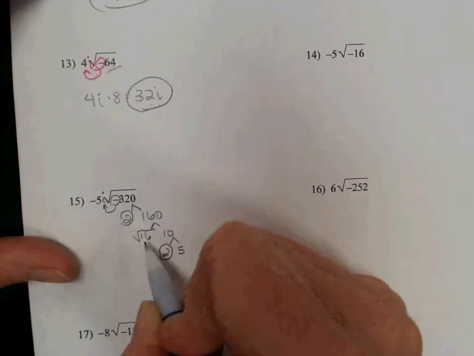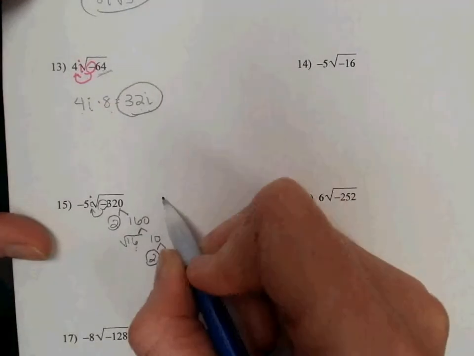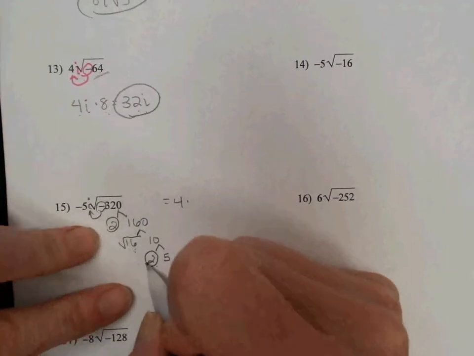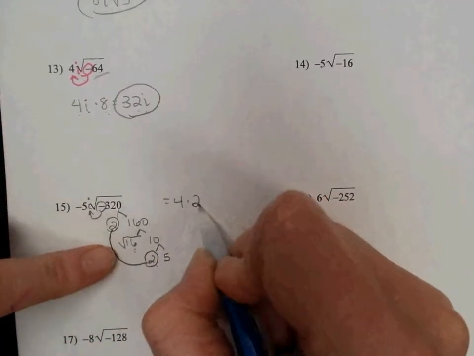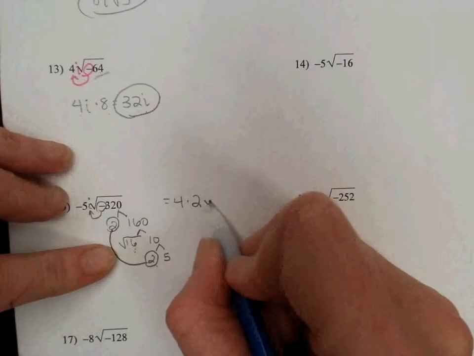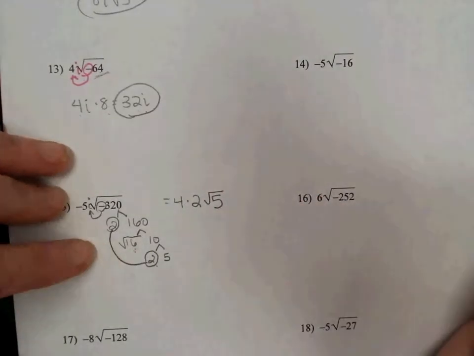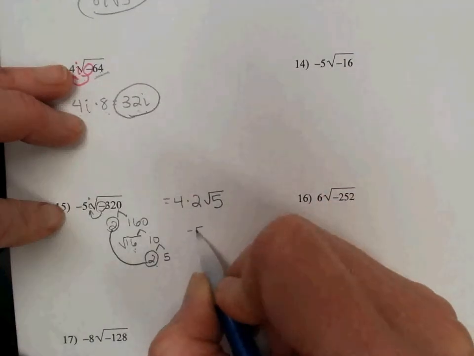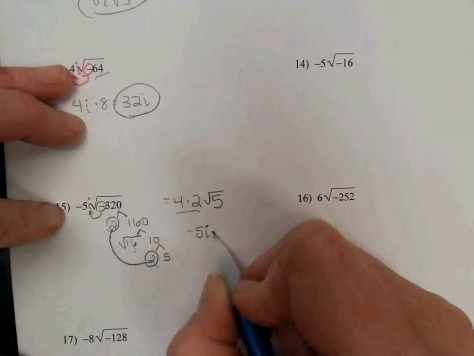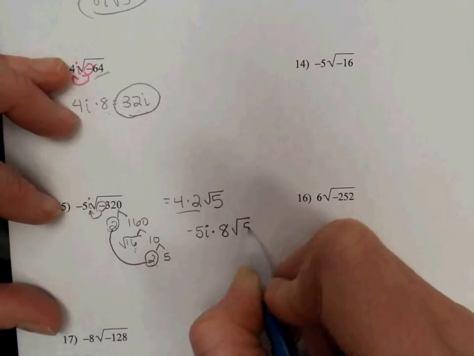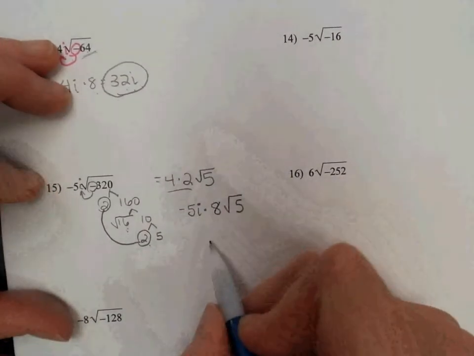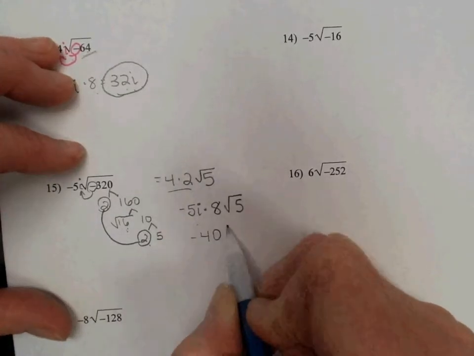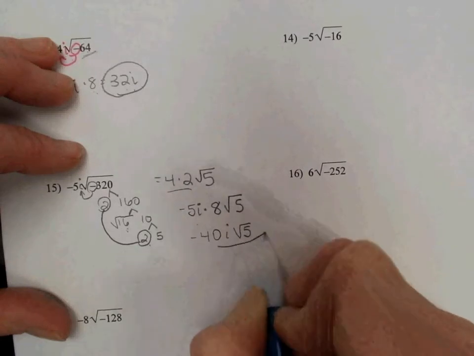So not only do I have the square root of 16 that can come out, which is 4, I also have this pair of 2's, which can do a jailbreak as 1, 2. And then the 5 is left underneath. So negative 5i, and then the 2 and the 4, that's going to be 8. And then when we multiply negative 5 times 8, that's negative 40. Keep the i, radical 5.